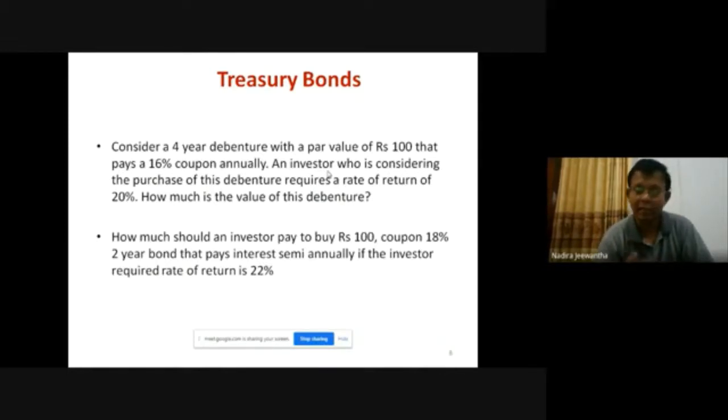Sometimes the examiner can say there is an investor who is having 5 million rupees and he needs to invest. So that is not the face value. That is the investment amount. He has money of 5 million and he needs to invest.